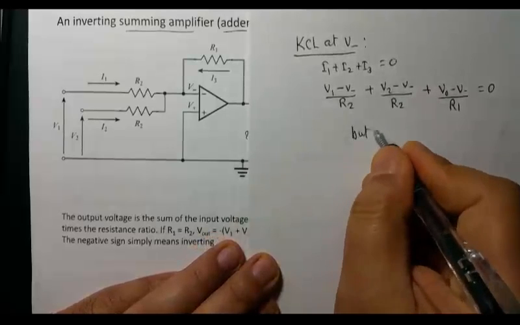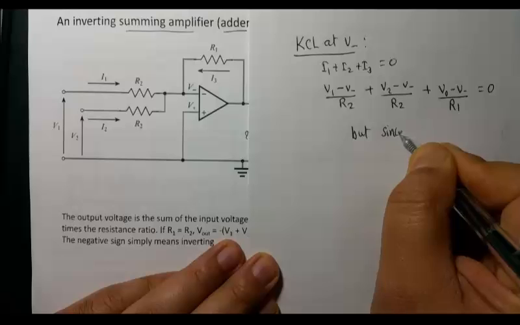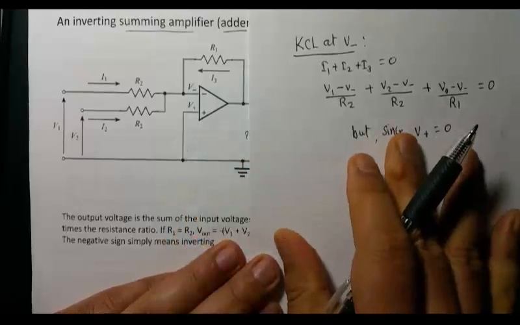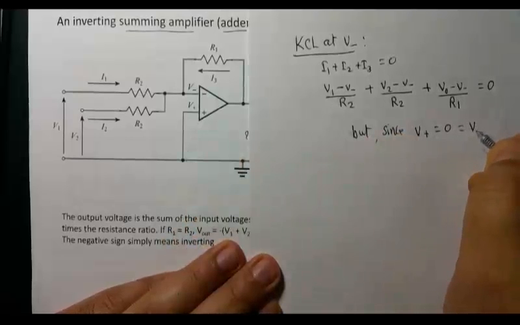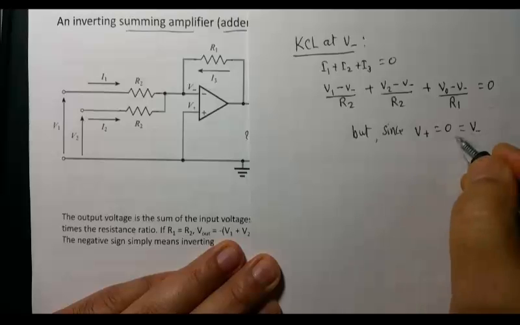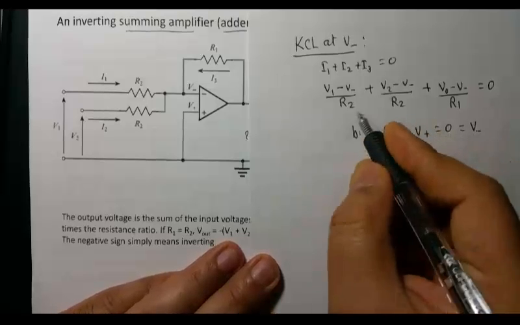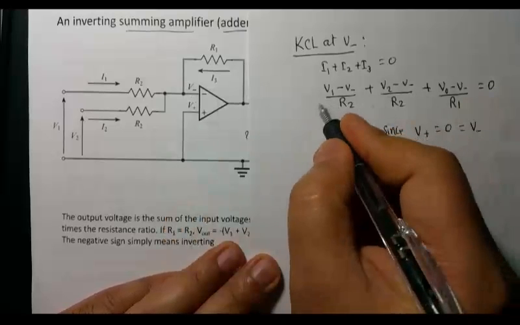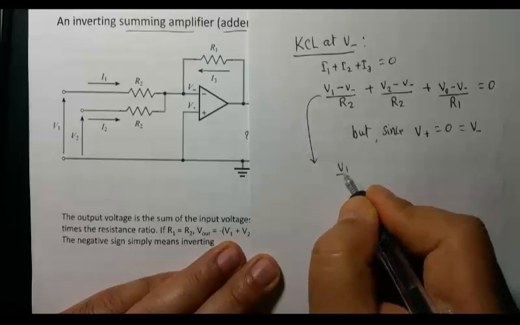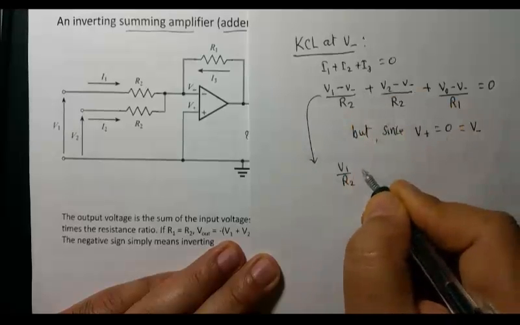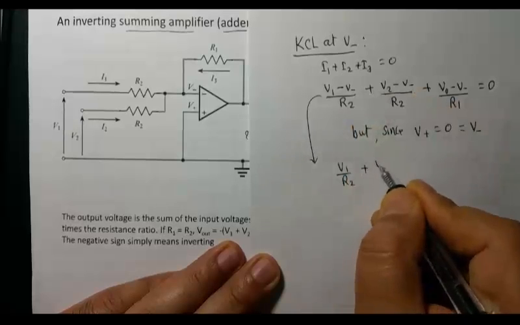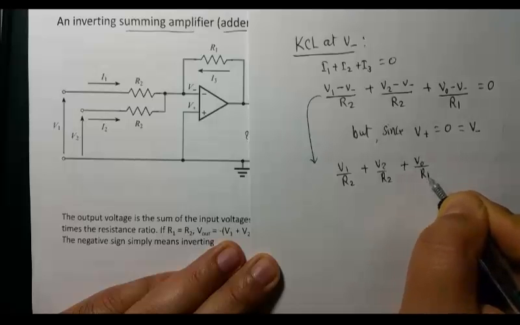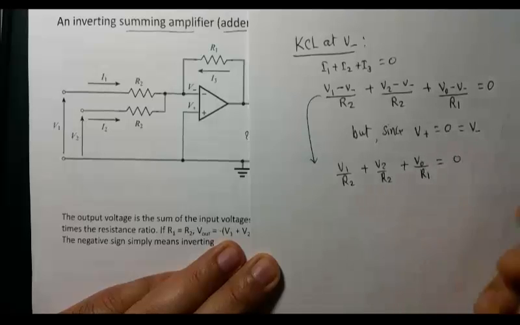But since V positive is connected to the ground, this will force V minus to stay at virtual ground. So V minus is also equal to ground. That makes it V1 over R2, because V minus is 0.